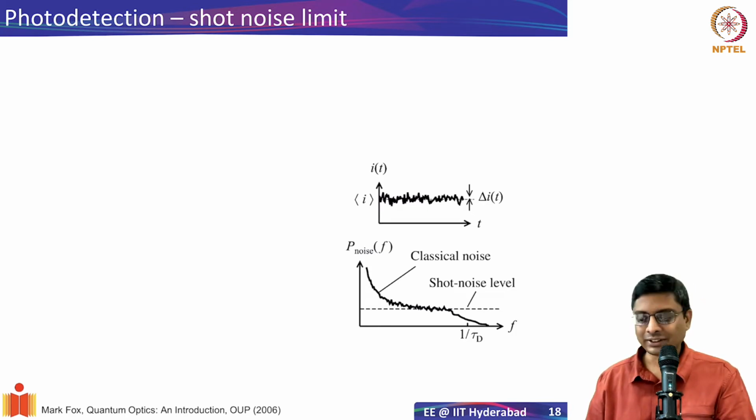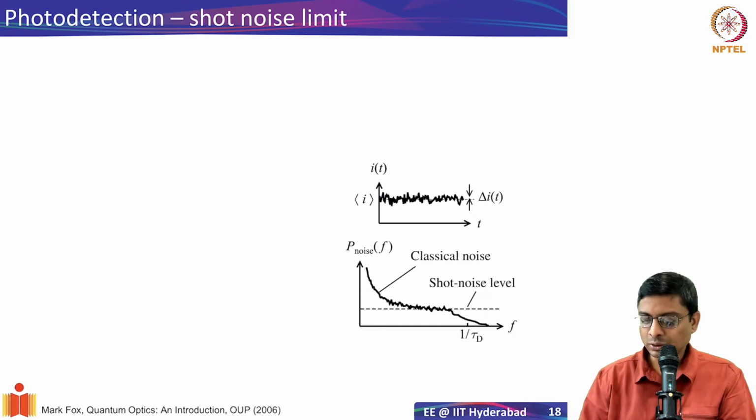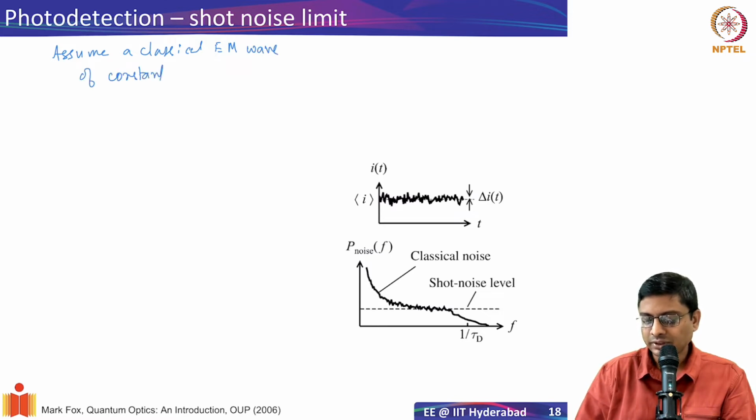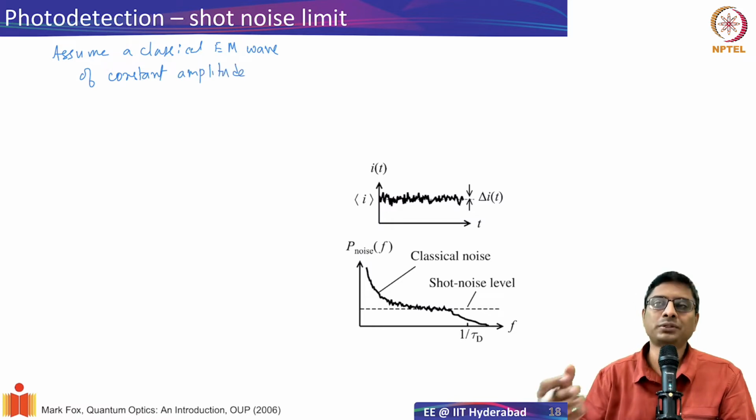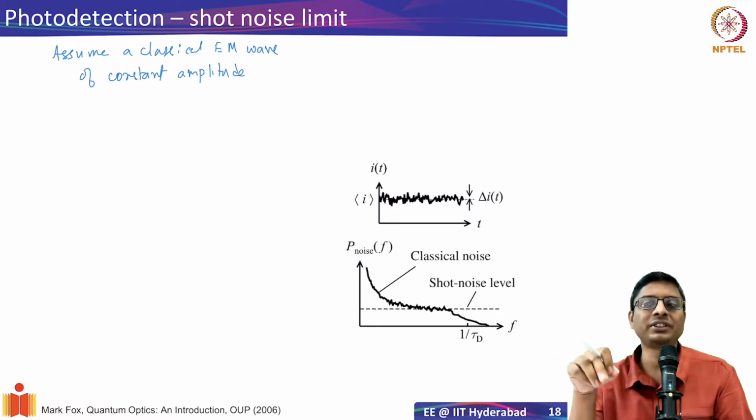The reason for that is, assume a classical EM wave of constant amplitude, no fluctuations. Essentially it is depositing some amount of energy. Let's say this EM wave is incident on a photodetector.